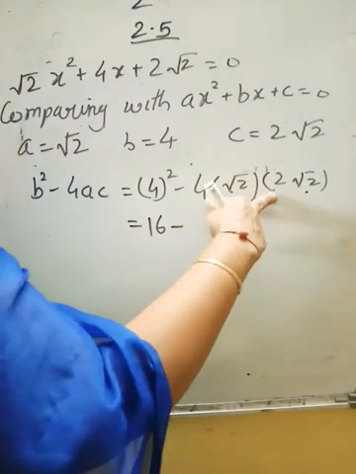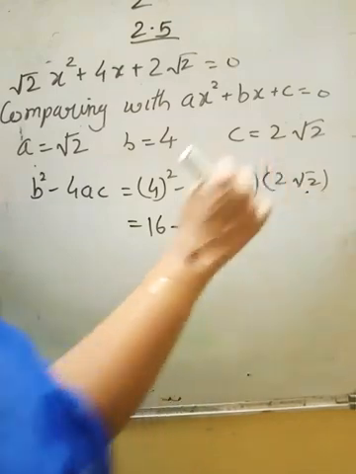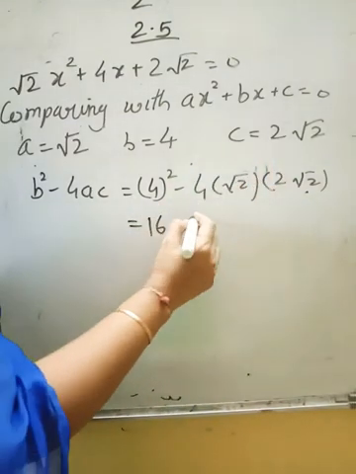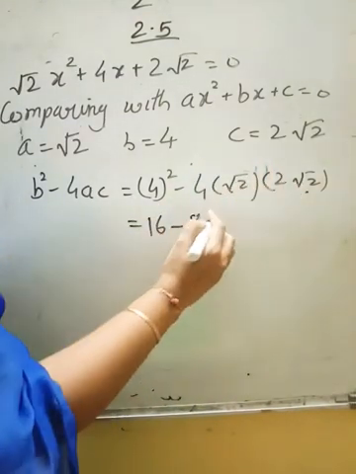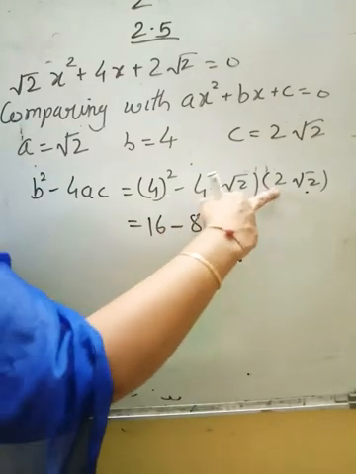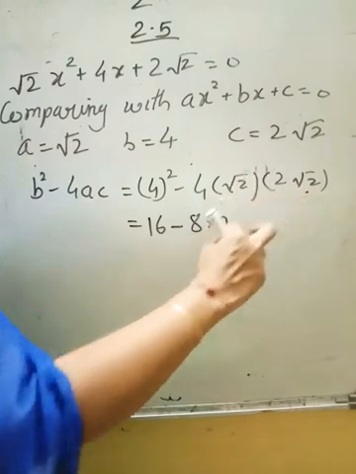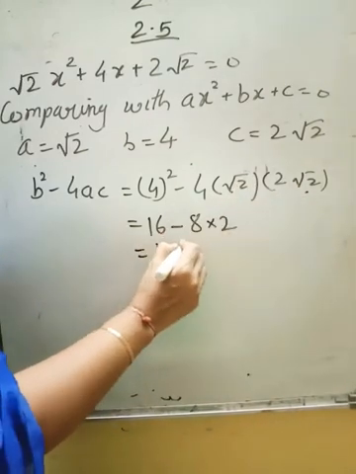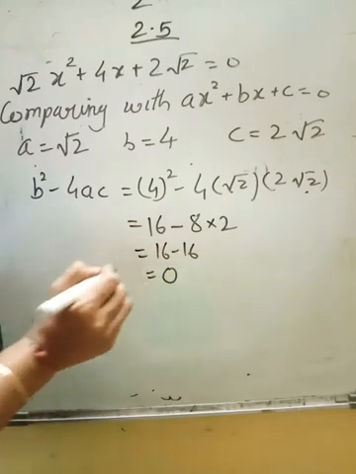Do the product of the rational parts and the product of the irrational parts. 4 2s are 8 and root 2 into root 2 is 2. Did you get this? 4 into 2 is 8 and root 2 into root 2 is 2. So 16 minus 16, which comes out to be 0.